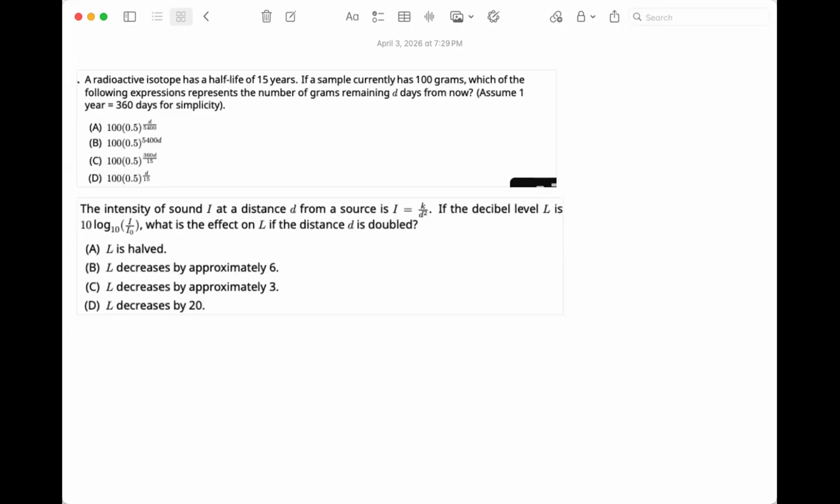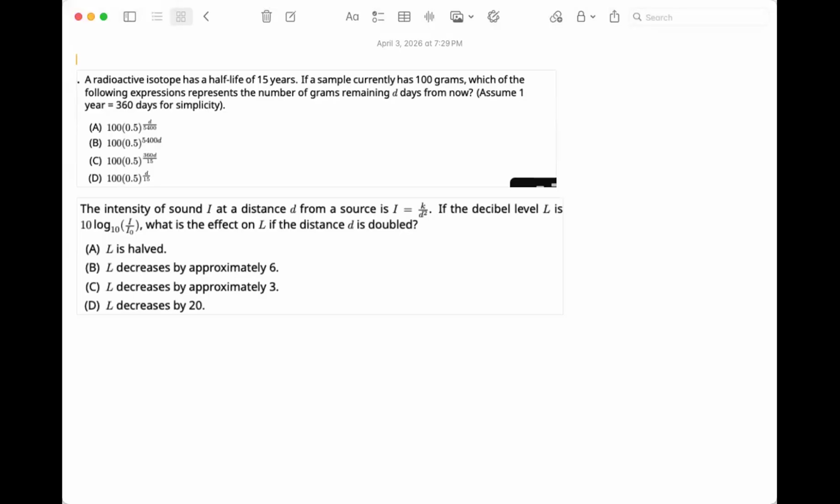Did you get that? If the distance d is doubled, that's a good question. Rishit, have you already answered for this one?